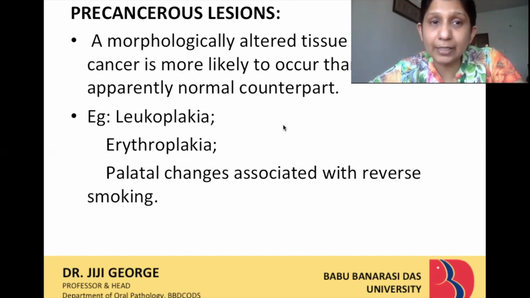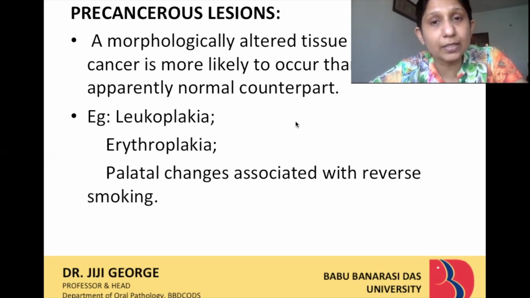Now, the pre-malignant lesions are a morphologically altered tissue in which cancer is more likely to occur than its apparently normal counterpart. What I mean to say is, it's a very localized area where the tissue is morphologically altered. You can see some change clinically, and cancer might occur more apparently in that part of the tissue.